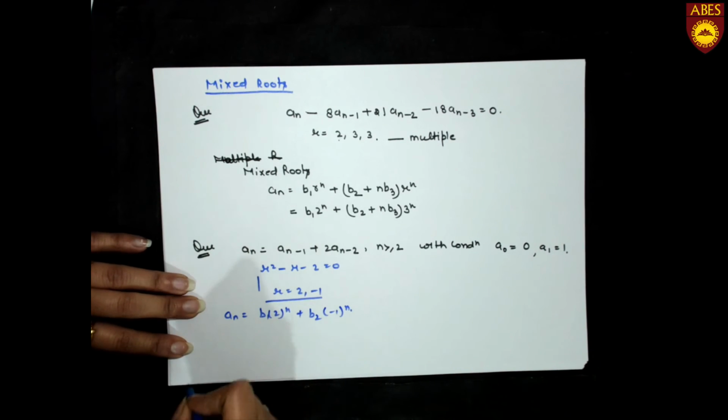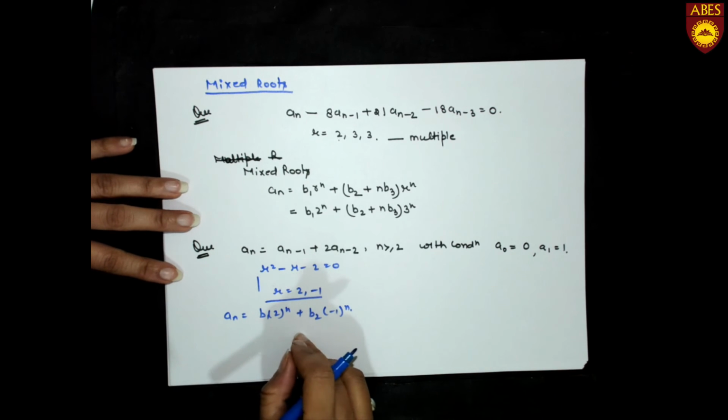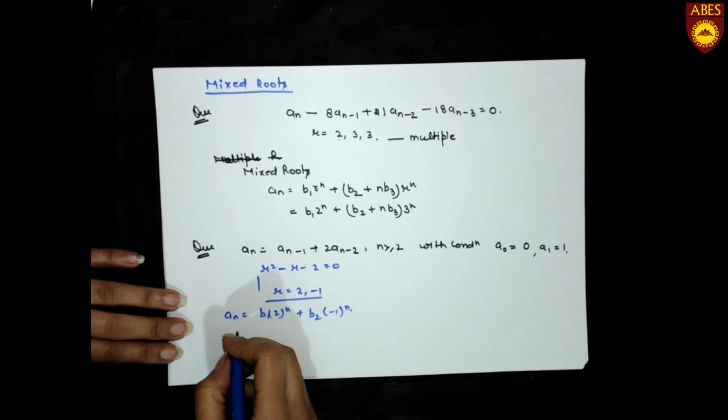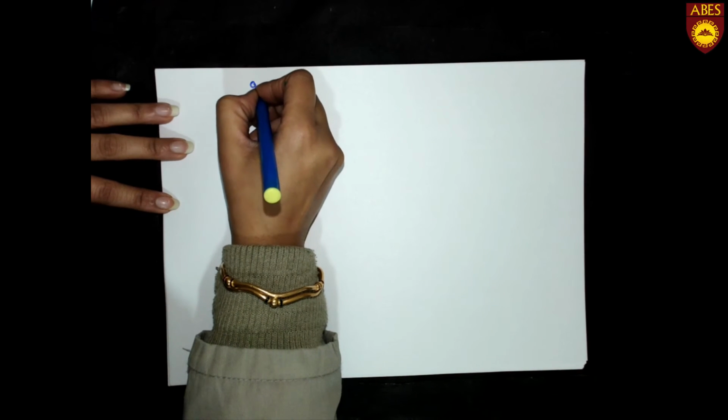Now the initial conditions are given, so you can put the values a0 is equal to 0 and a1 is equal to 1. First of all, take a0 is equal to 0.